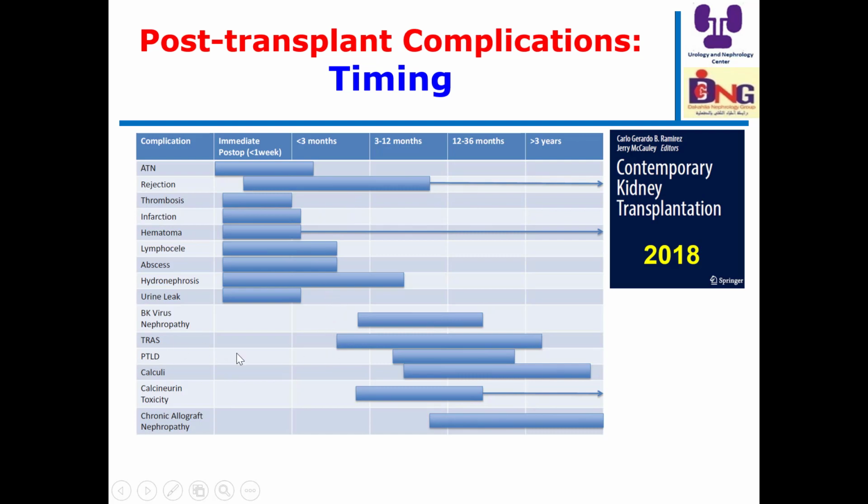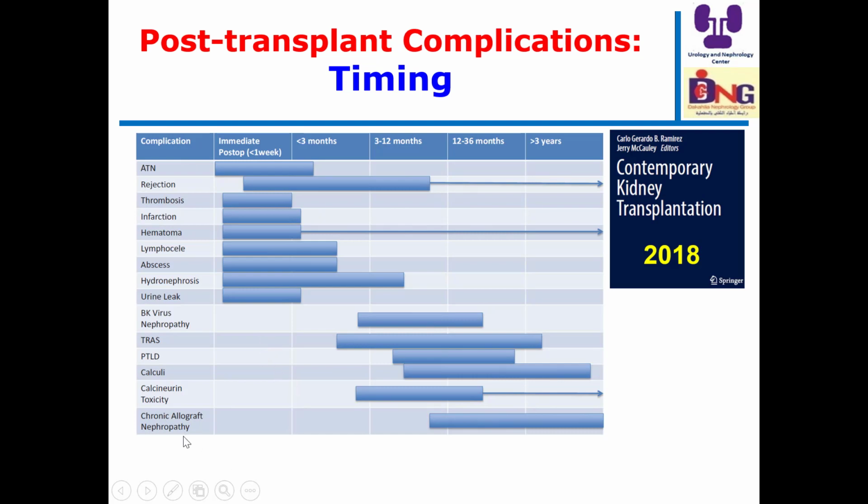And then if we are a little bit late, we can think of BK virus nephropathy, and the artery stenosis, PTLD, post-transplant lymphoproliferative disorders, stones, drug toxicity, and here one of the most important and famous drugs that can cause allograft dysfunction is calcineurin inhibitor, either cyclosporin or tacrolimus.